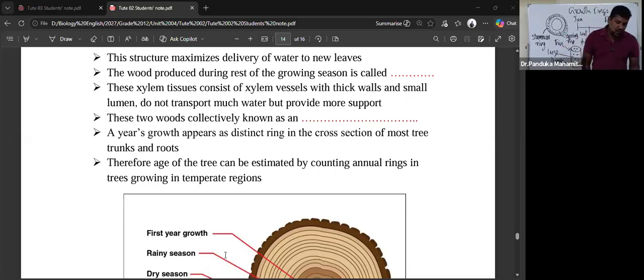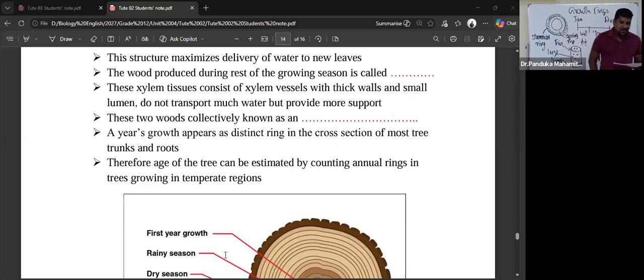These two woods are collectively known as an annual ring. Summer wood and spring wood together make one annual ring.